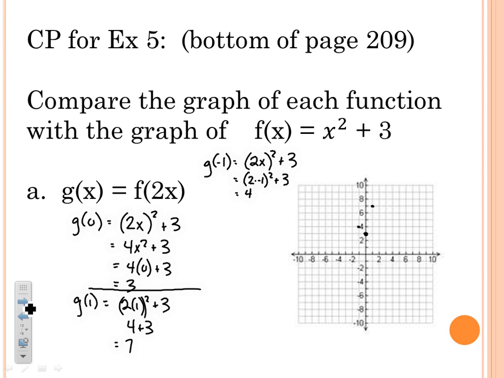Whoops, negative 1 times 2 is negative 2. Sorry, back it up. Got to do what's inside the parentheses first. So negative 2 squared is still 4 plus 3. That looks better, because we know we still want to end up with a parabola here. So you can get your tendency now, and you can figure out that the rest of your curve is going to go like this.